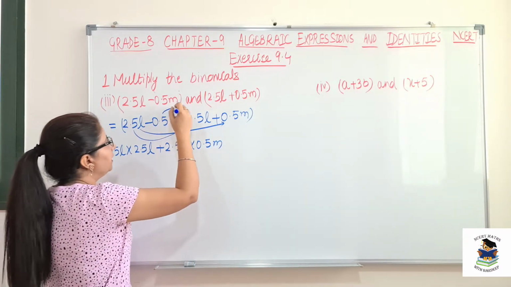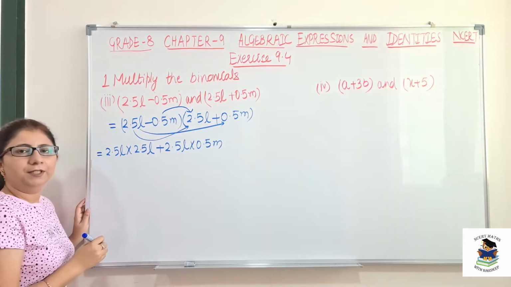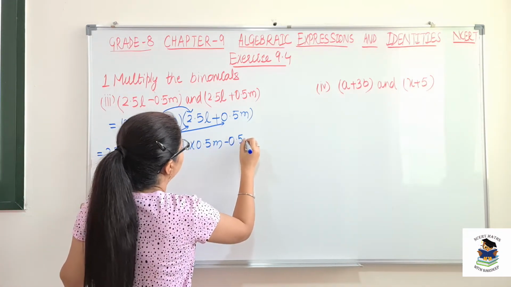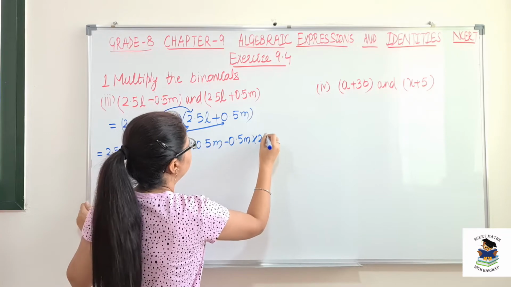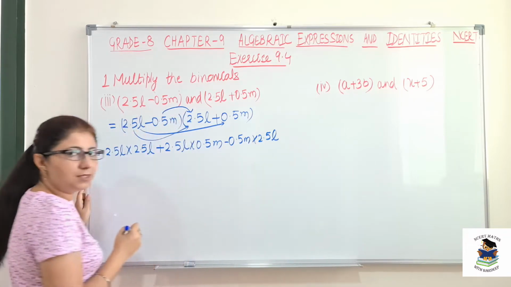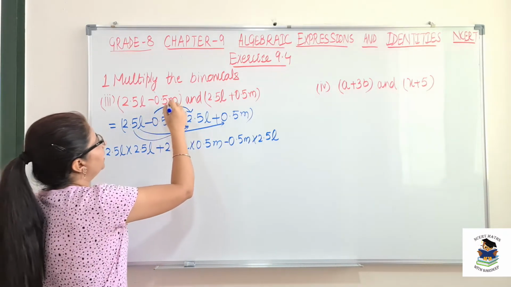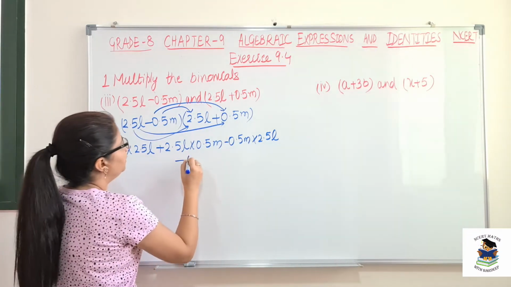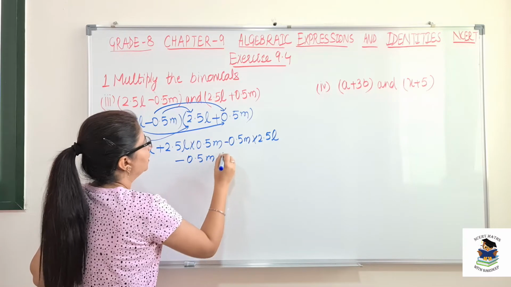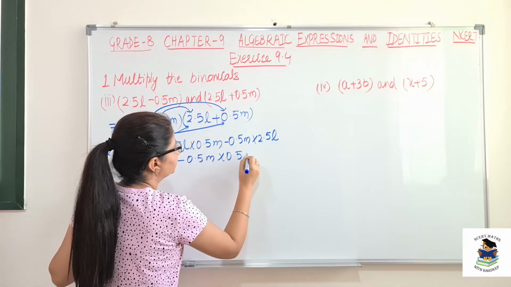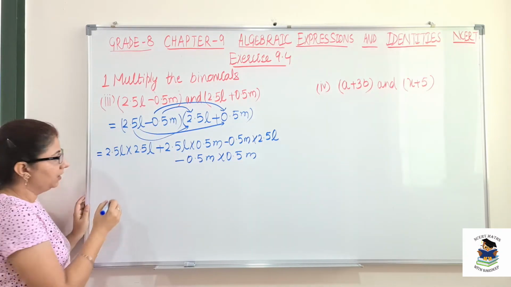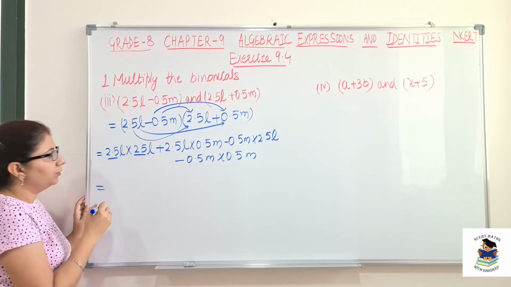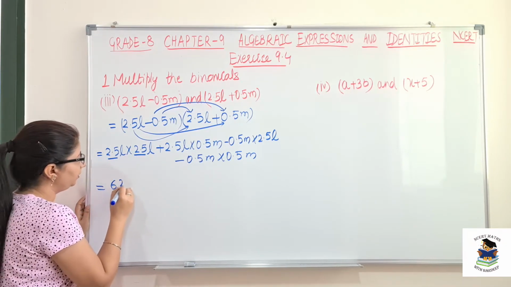Okay, so now the second term should be multiplied with every term, that is minus 0.5m should be multiplied with 2.5l. This is our third term. Again minus 0.5m should be multiplied with 0.5m. Okay, so now solve it. 2.5 into 2.5, we will get 6.25.